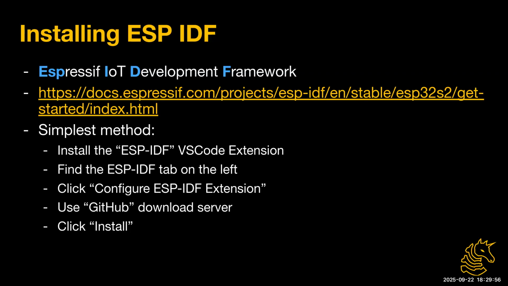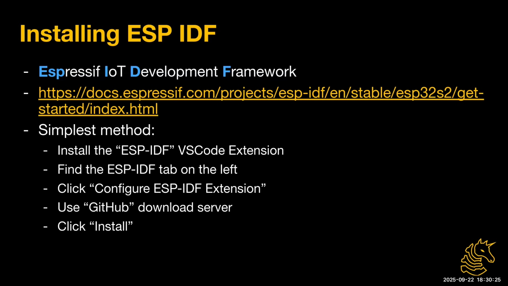Okay, we should continue. Does everybody have the extension configured? Any issues? Right, so what this has done is that it has now downloaded all of the ESP toolchains and all of their software. So we can now use that to compile and flash our code.